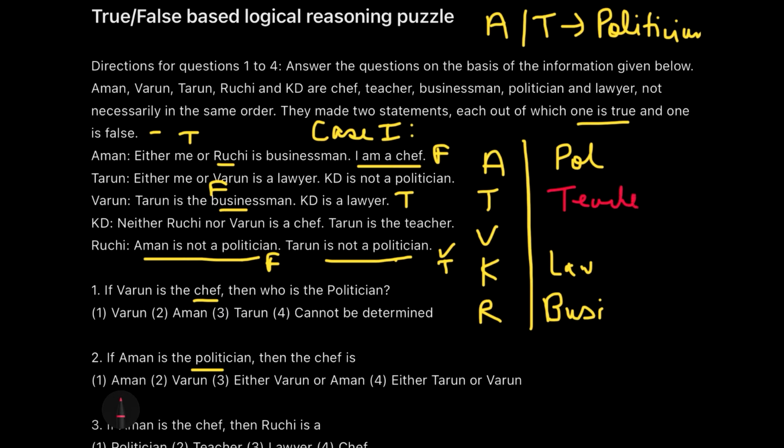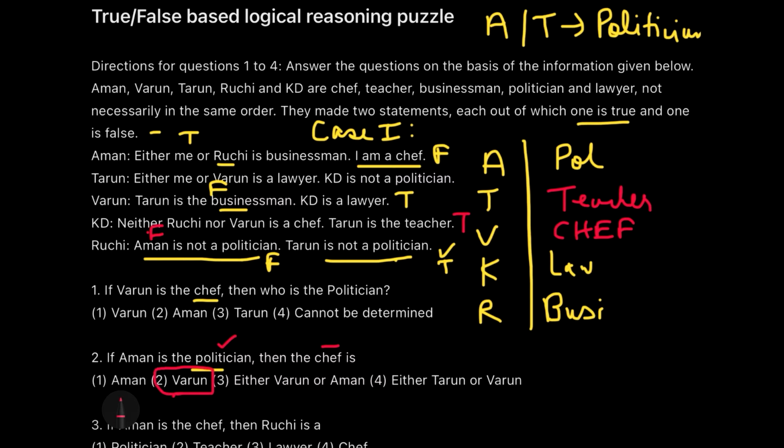I am not confirming that Tarun is the teacher. Then this statement will go wrong: neither Ruchi nor Varun is a chef. Now if this is true, this will be false. Varun is a chef because it's the only thing which is left now. So this will be false and this will be okay. So if I check my question number 2, where Aman is a politician, then who is going to be the chef? Varun is going to be the chef in question number 2.